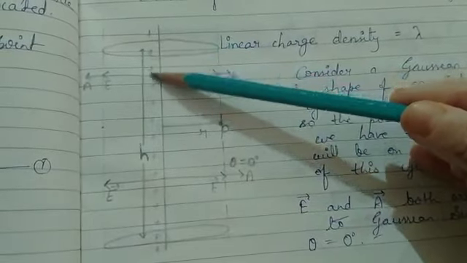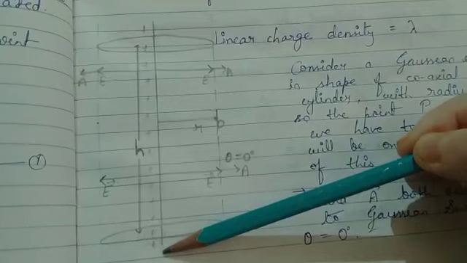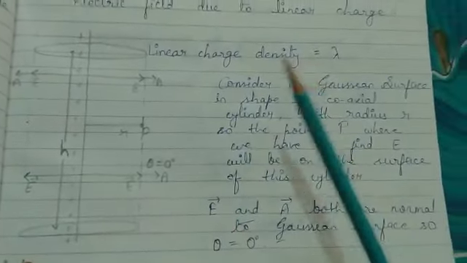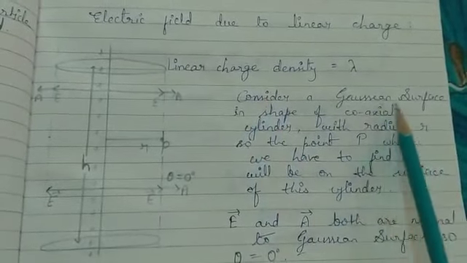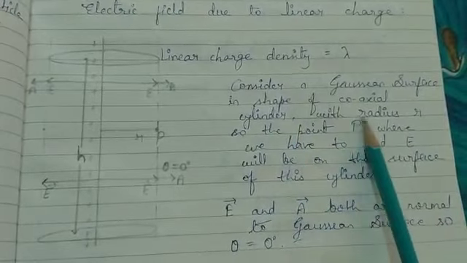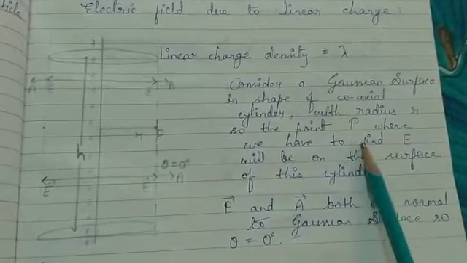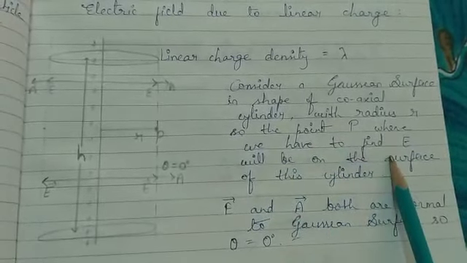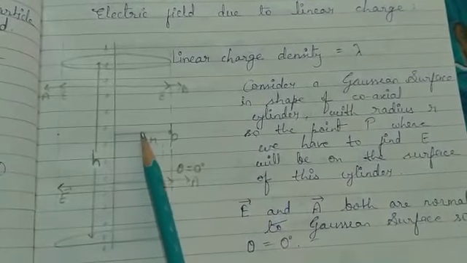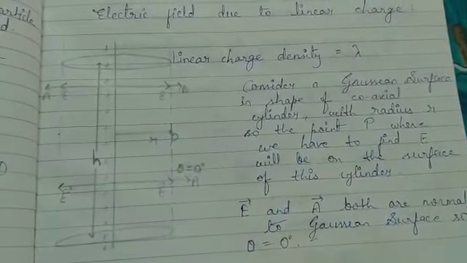Due to this linear charge, the Gaussian surface is a cylindrical surface. Consider a Gaussian surface in the shape of a coaxial cylinder with radius r. The point P where we have to find E will be on the surface of this cylinder.